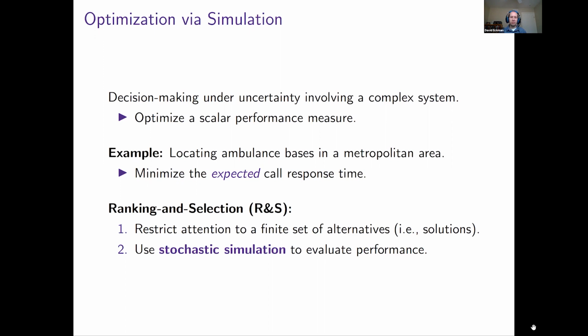Here this system is subject to stochasticity in terms of when calls arrive and where they are called from. A natural objective here might be to position ambulances in order to minimize the expected call response time. So here the expected call response time is our performance measure.